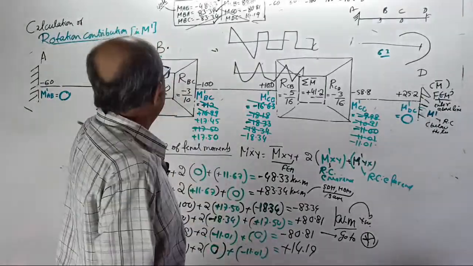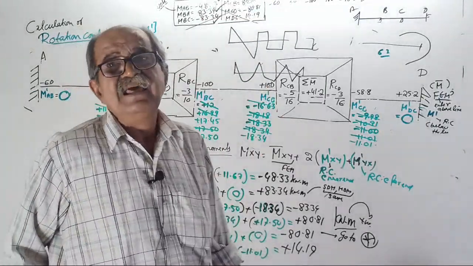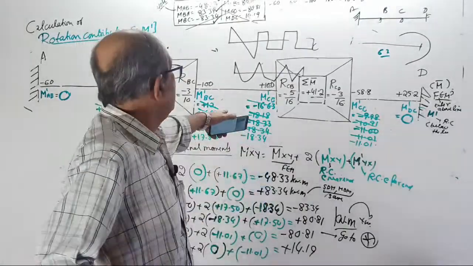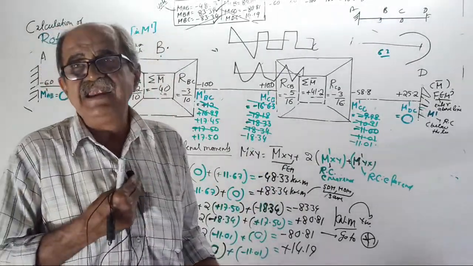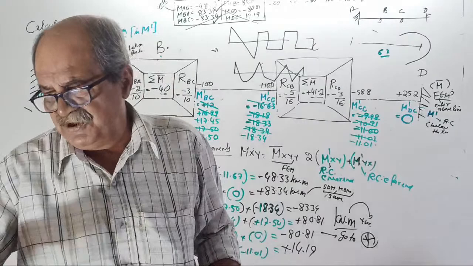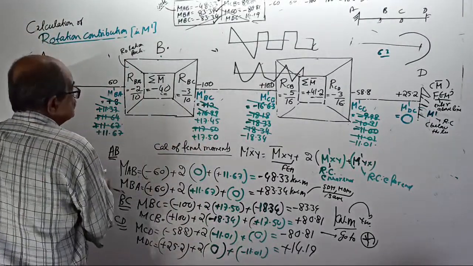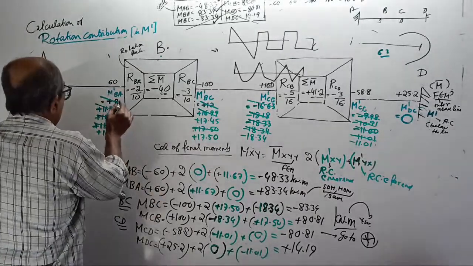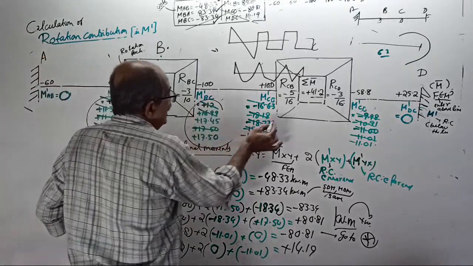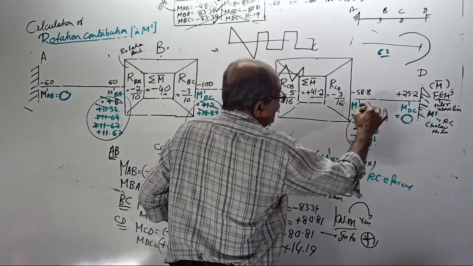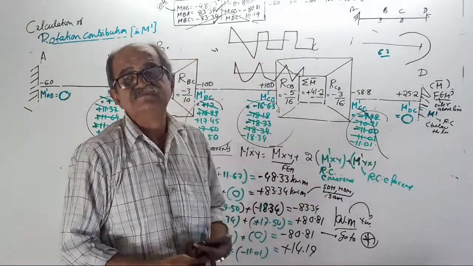Go through the class repeatedly and learn Kani's method table. This table or this iteration process of finding contribution. In future, next time onwards, these values in your class, I will not explain. I will directly tell repeating value how much. Agreed?